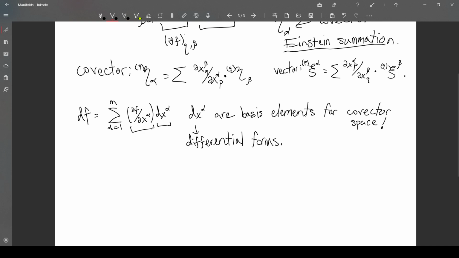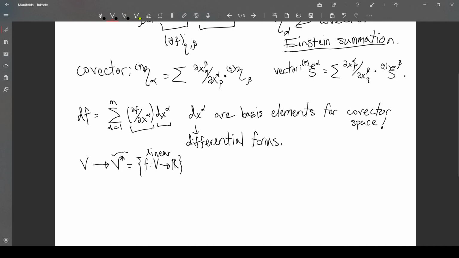In linear algebra, if you have a vector space, there is an associated dual space which consists of linear functions from the vector space to whatever field the vector space is over. In this case, we're dealing with R as our field. And so differential forms are the duals to our tangent vectors.